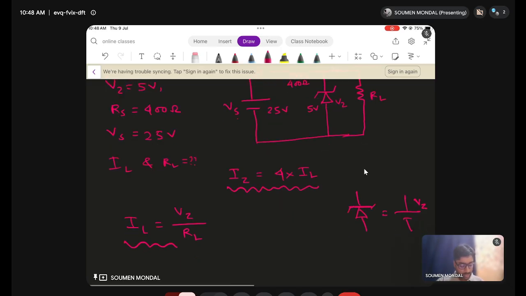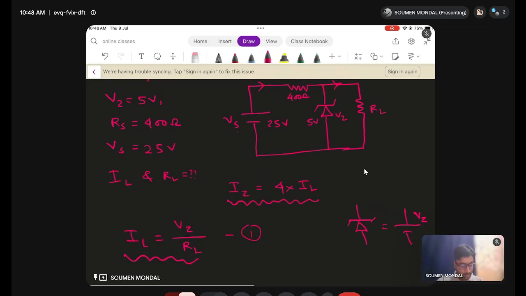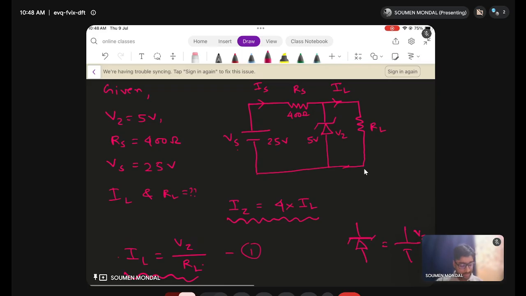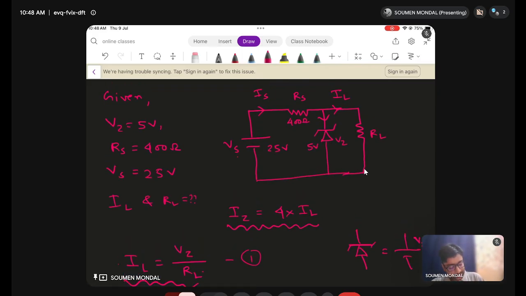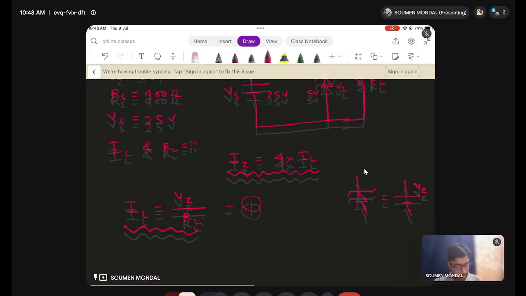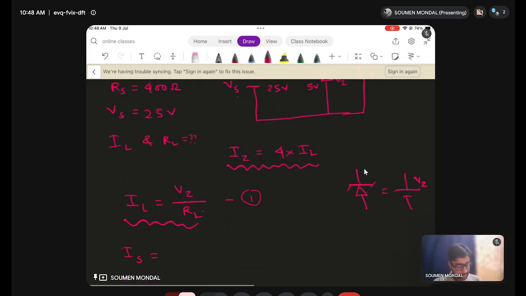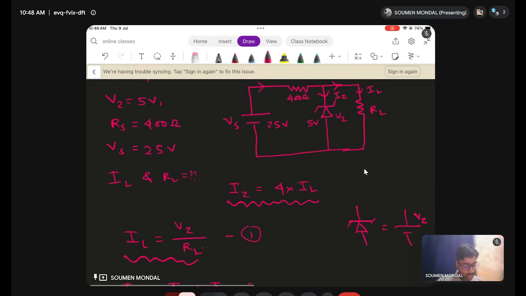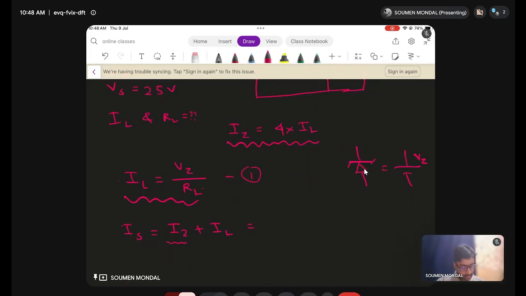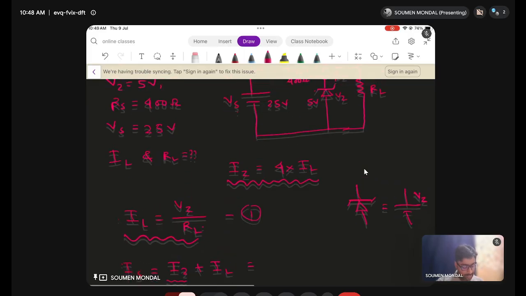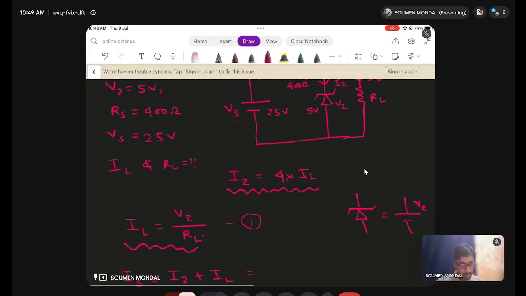Now we have one equation, but we don't know the value of RL, neither IL. They have given some other things. Here it is Iz, here it is IL, and this is Is. From KCL, Is is Iz plus IL, and we know Iz is 4 times IL. This is one piece of information we can use.